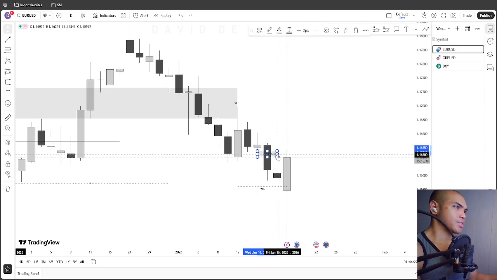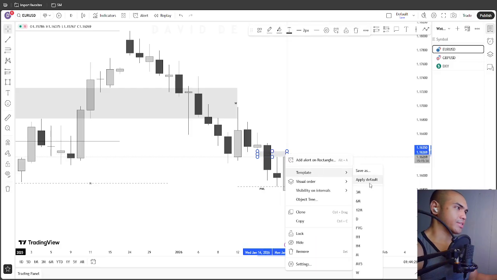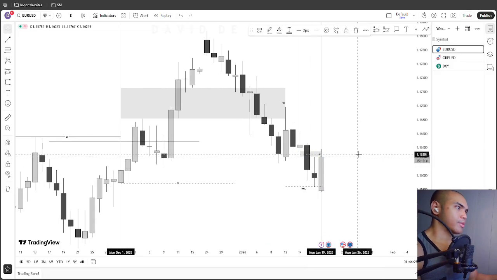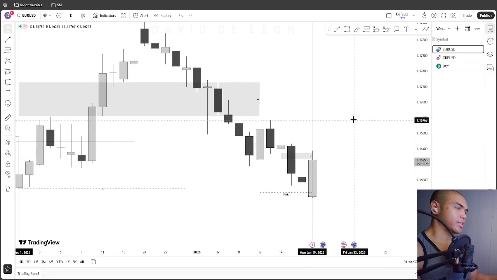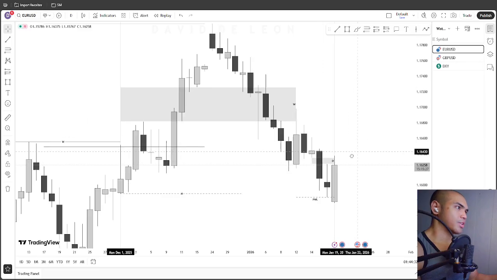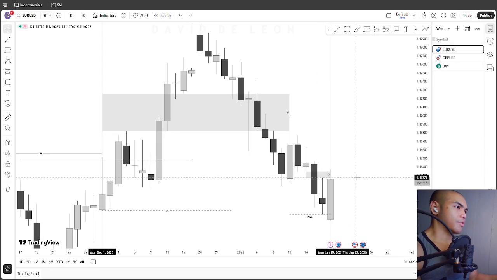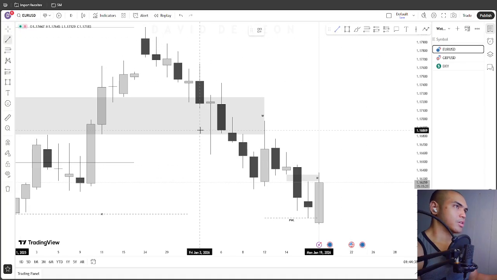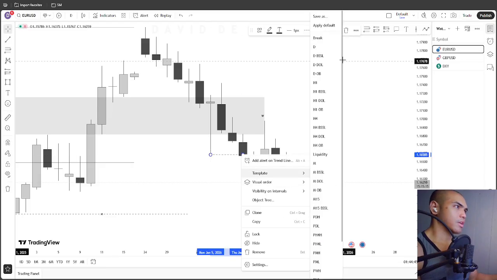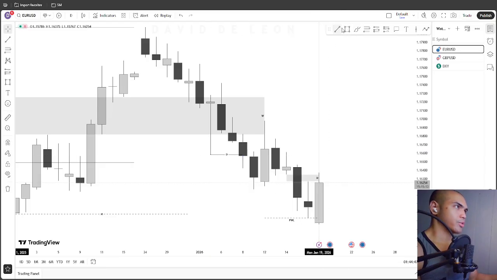I noticed that we have a daily sell side imbalance. Price is currently sitting around this level. Also, we've been bearish since January. Let me just mark this up really quick. So we are bearish here. The order flow is bearish.